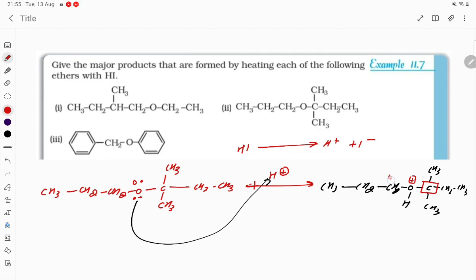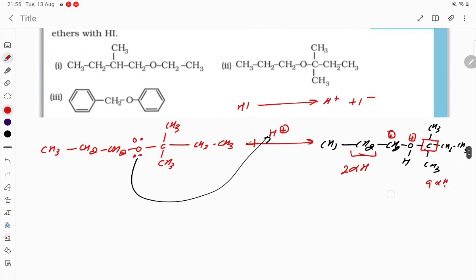Two conditions are there. If you consider this carbocation on this side, 2 alpha hydrogens are there, and if you consider this carbocation, 9 alpha hydrogens are there. So with 9 alpha hydrogens this is going to be more stable, and this is going to be less stable.